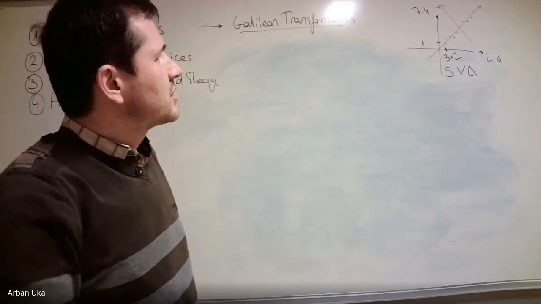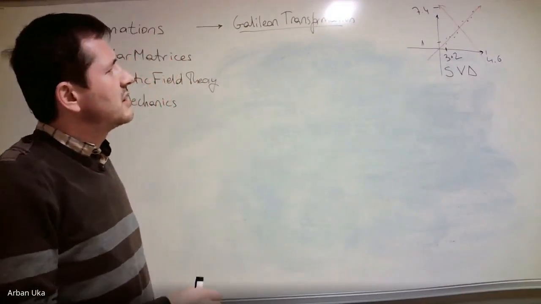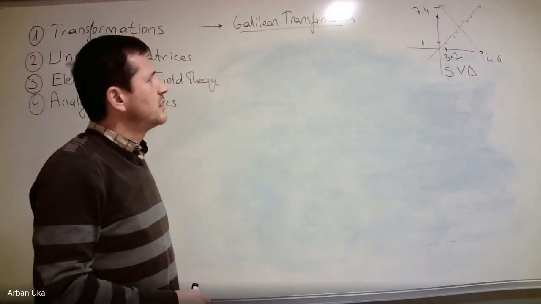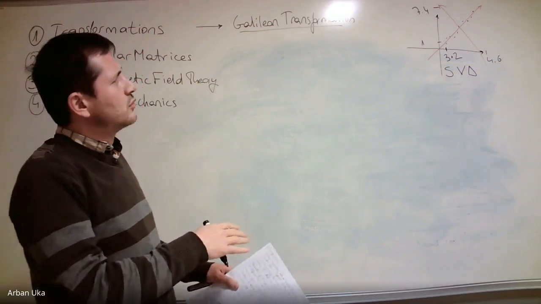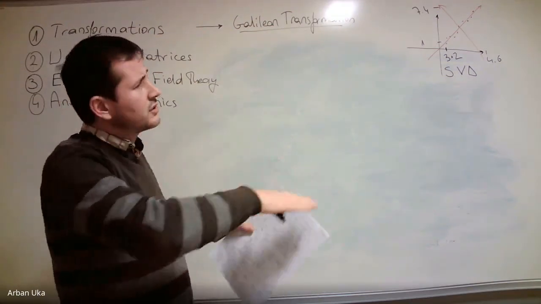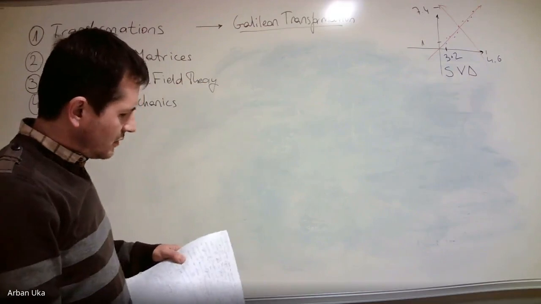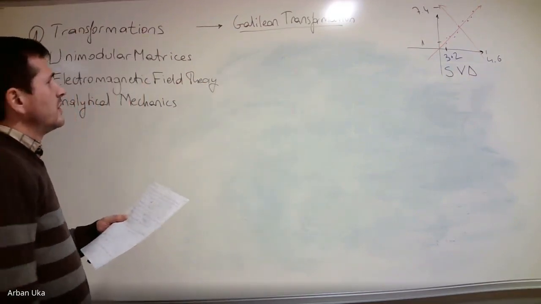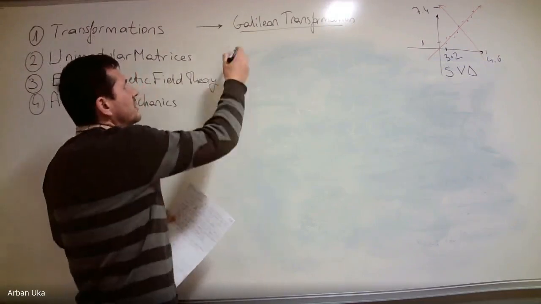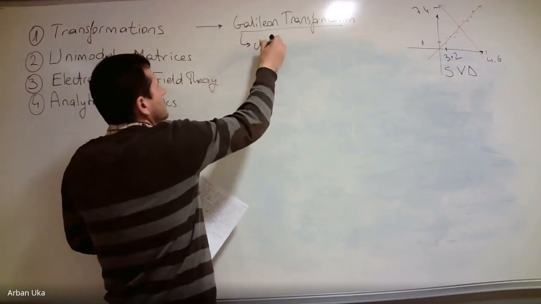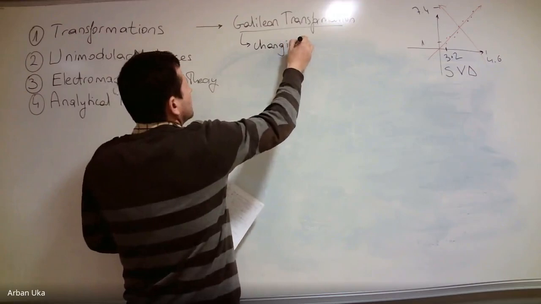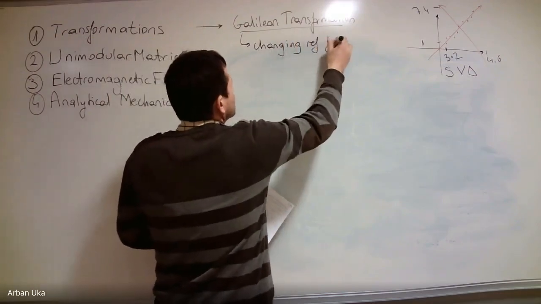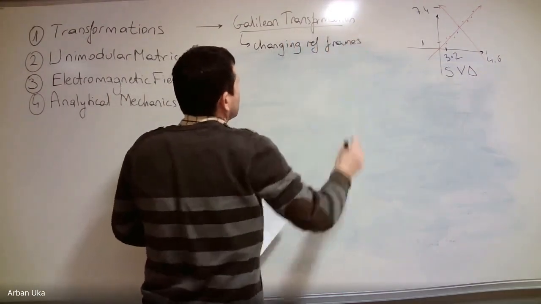For a better representation, we can take this data, calculate the singular value decomposition, and just shift the whole coordinate system and send it over there. So we are changing the reference frames.